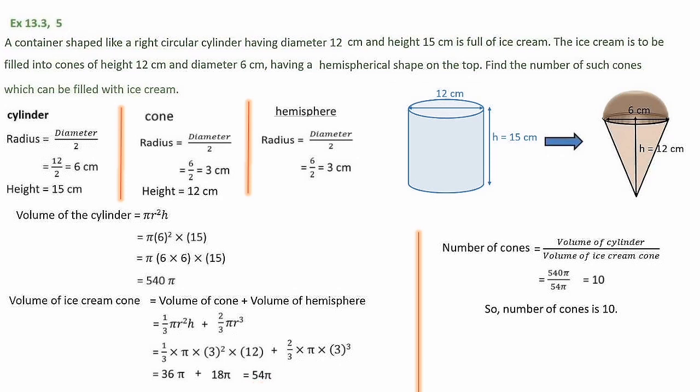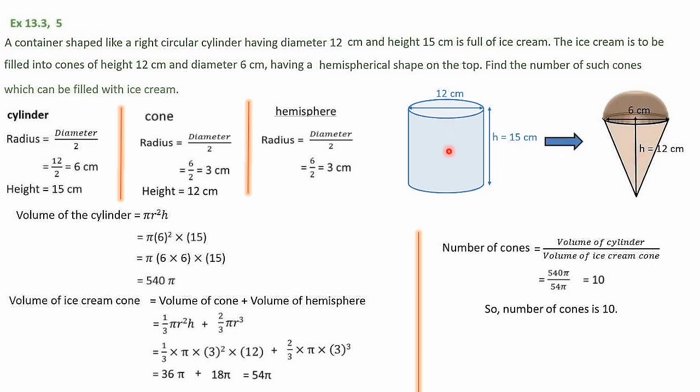So now we have got both the volumes. Volume of the cylindrical container we have is 540 pi, and the volume of one ice cream cone is 54 pi. Here we have to find out the number of cones, how many such cones can be prepared. So number of cones will be volume of the cylinder divided by volume of one ice cream cone.